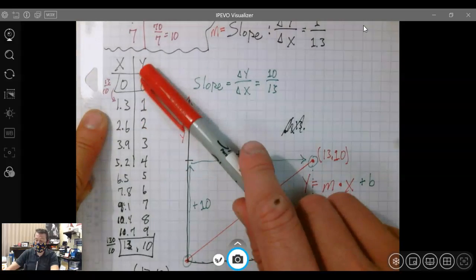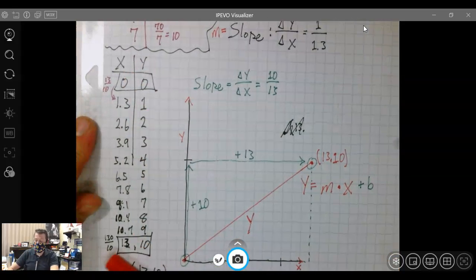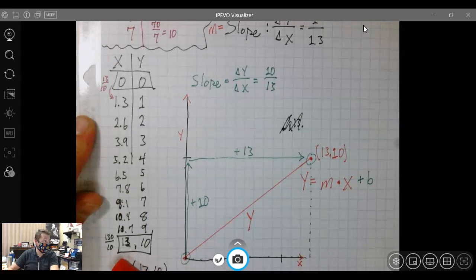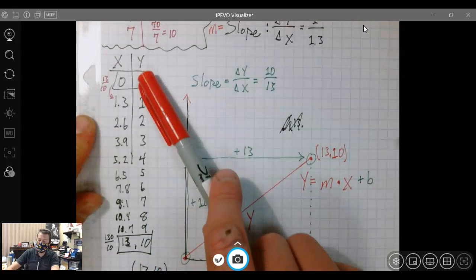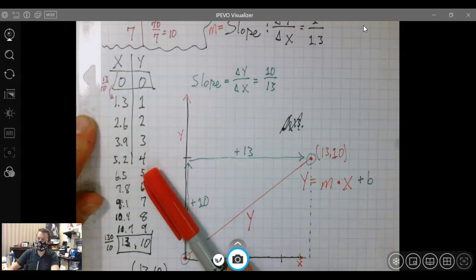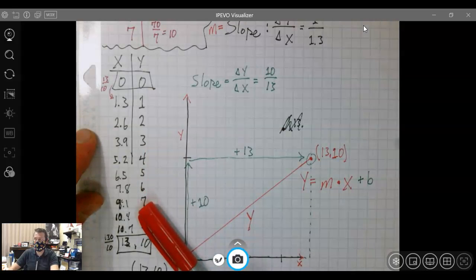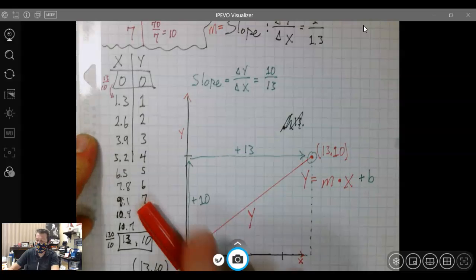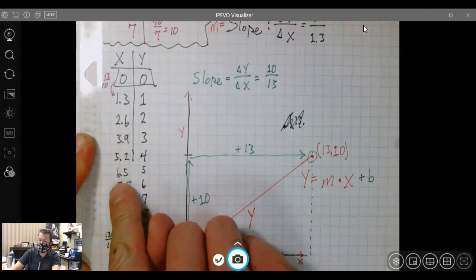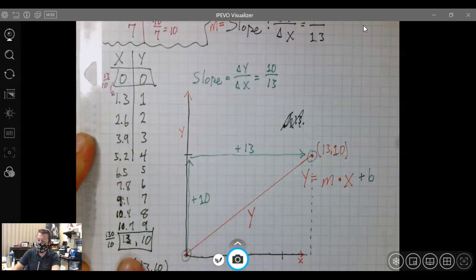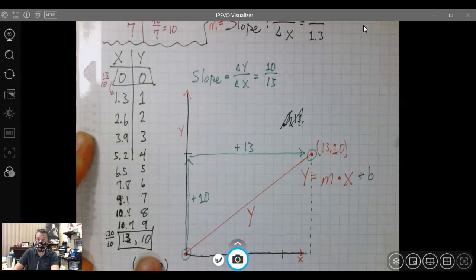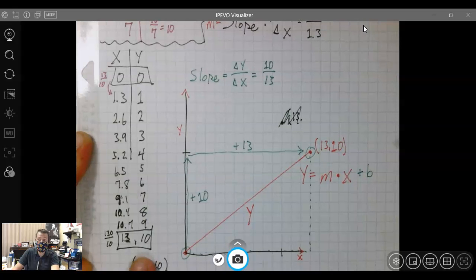So, to get up to a nicer set of numbers, like 13, 10, we had to go through 10 iterations or 10 additions or whatever you want to say of 1.3 being added to the x. That made our x 13. Our y at that point is 10. It's okay if you had them backwards, but x is 13, y is 10.